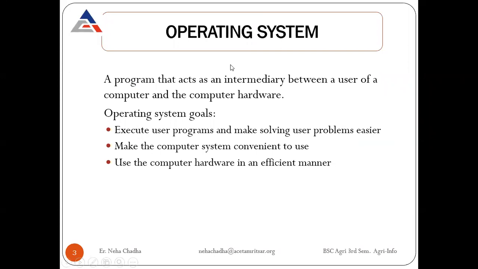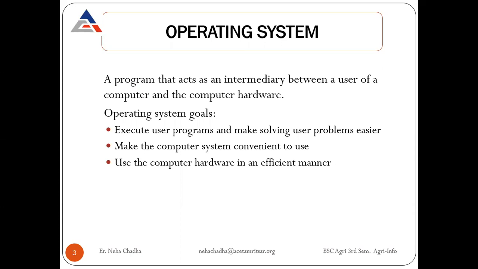Coming to the main definition, what is the purpose of operating system? What do we understand about operating system? Suppose we are a user, we want to work with hardware, we want to access the hard disk drive, keyboard, mouse, or any sort of hardware. Then we require one intermediate which helps us to interact with the hardware.